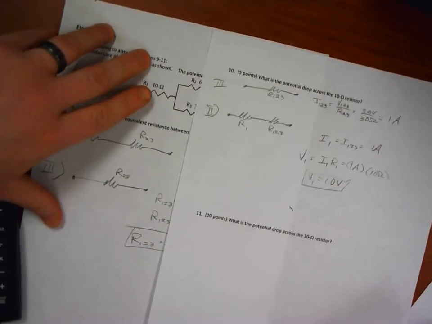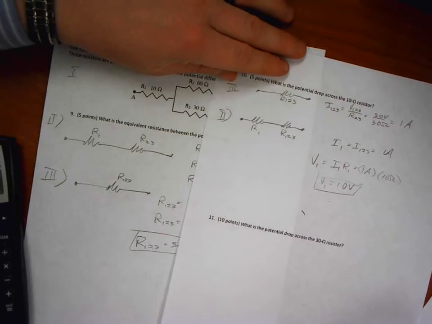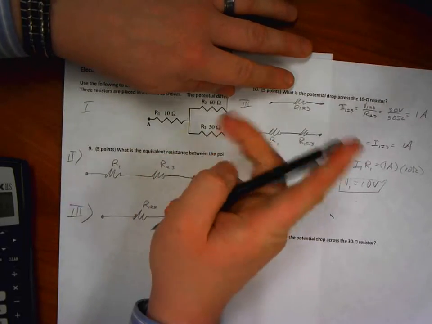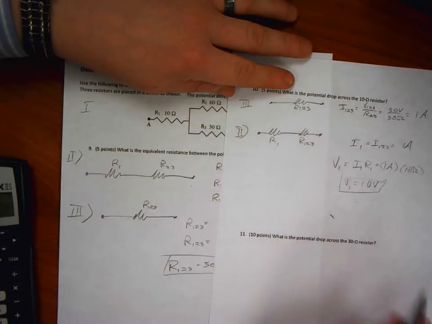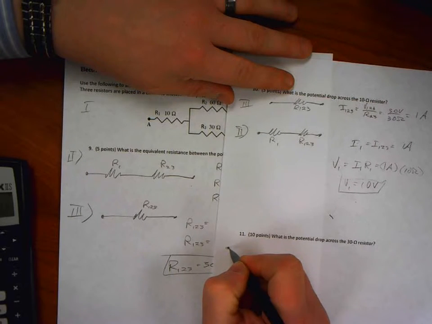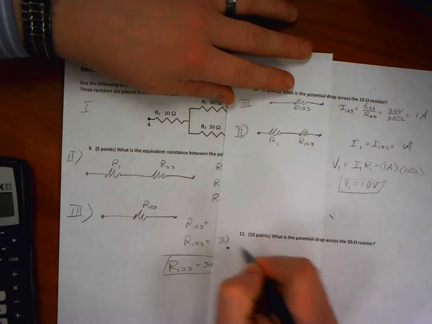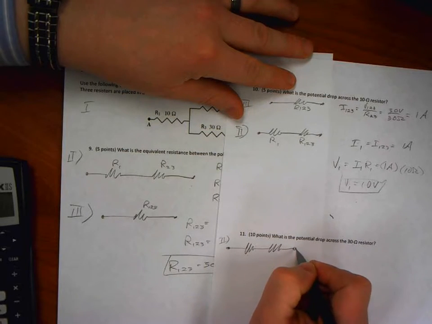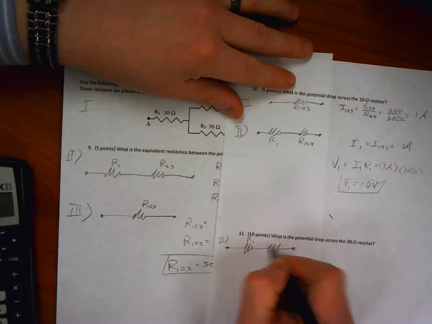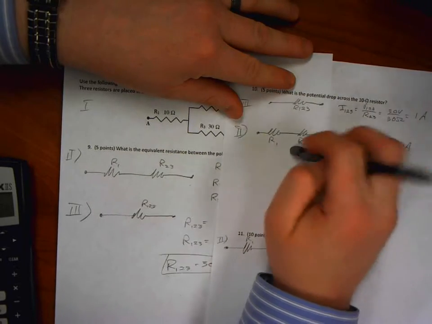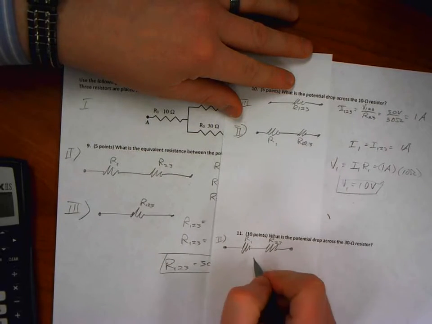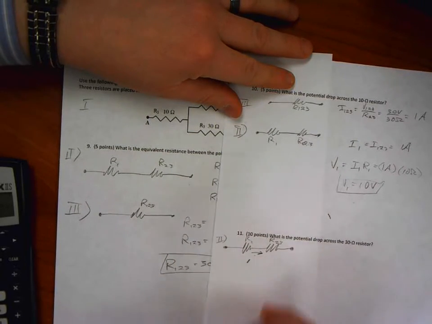What is the potential drop across the 30 ohm resistor? Okay, well, we know now that coming in here, well, let me draw it again. If we look at circuit 2, R1, R2, 3. Oh, that up there was wrong. It should have been 2, 3. So we know the current coming in here.